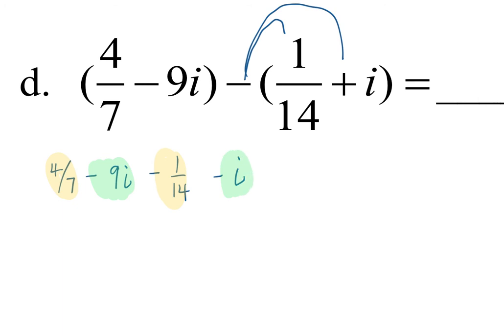So that will be negative 10i, and then 4 over 7 minus 1 over 14. If you type that in your calculator, you get 1/2.